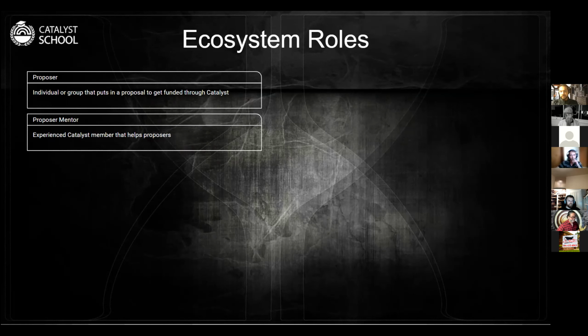So they can help you write the proposal itself or brainstorm about your idea, for example, finding the best challenge for you to submit your idea, finding partners, and basically anything you need help with.